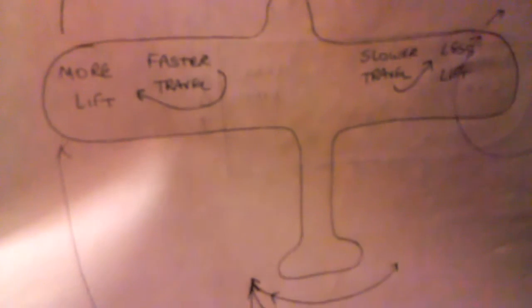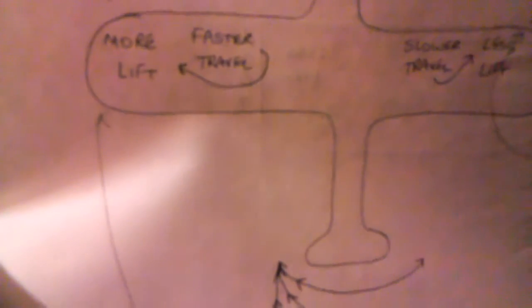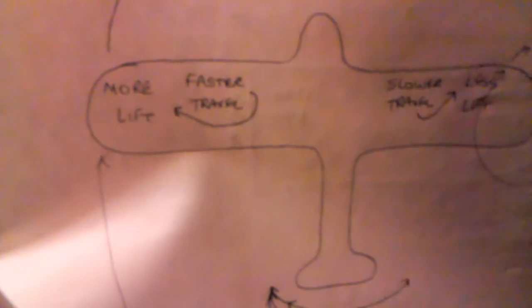So if the left wing is producing more lift, that means that the right wing is necessarily producing less lift. So you have this yawing motion about the tail. Doing this moves the left wing faster. It's creating more lift.